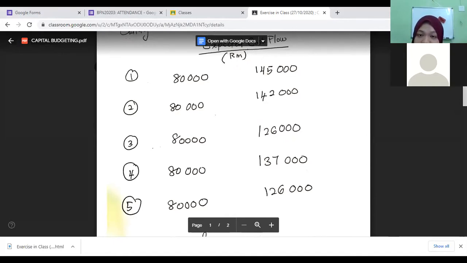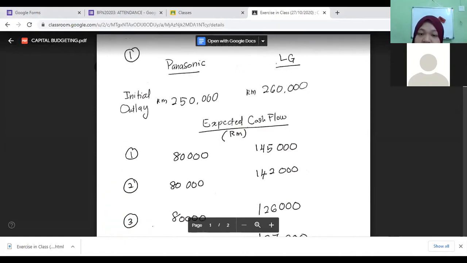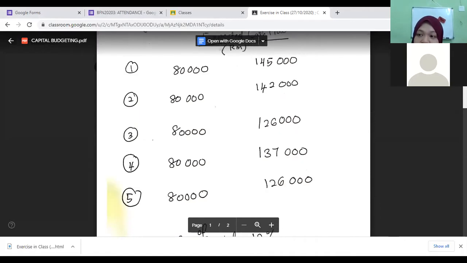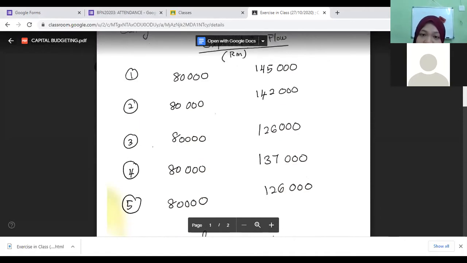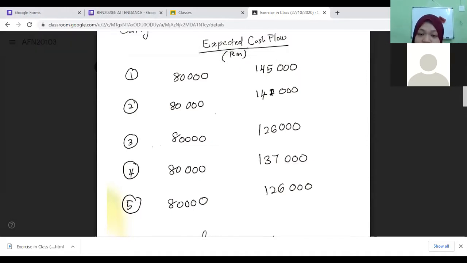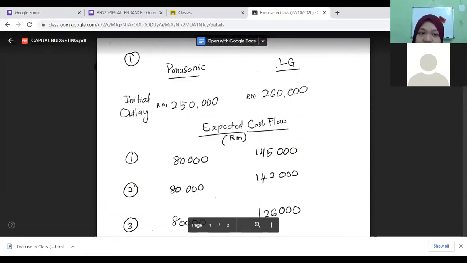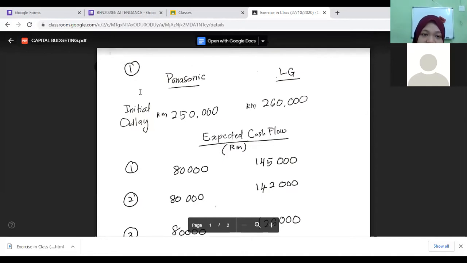So if you can see here, the LG project, this is the expected cash inflow of the LG project. Okay, so let us look at how much the initial outlay is.